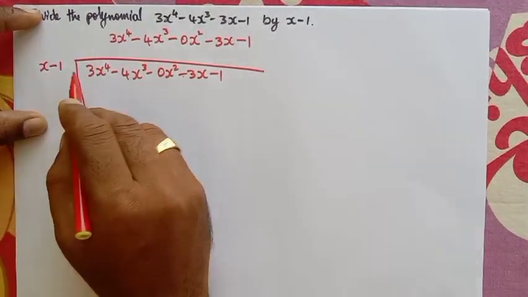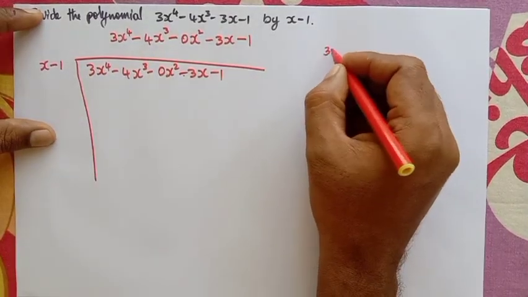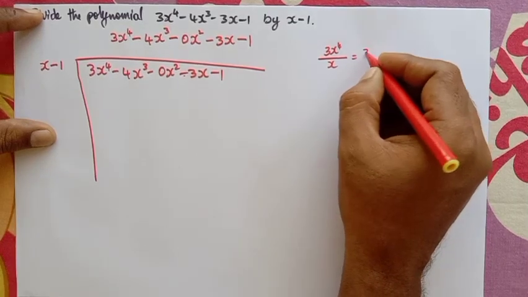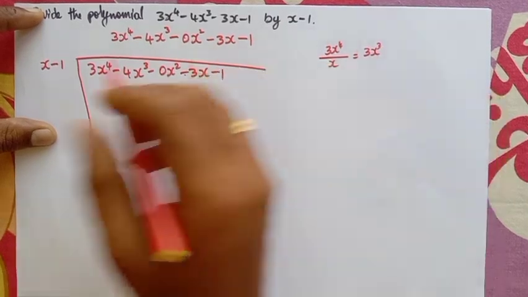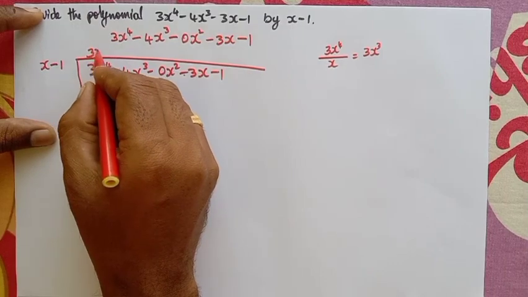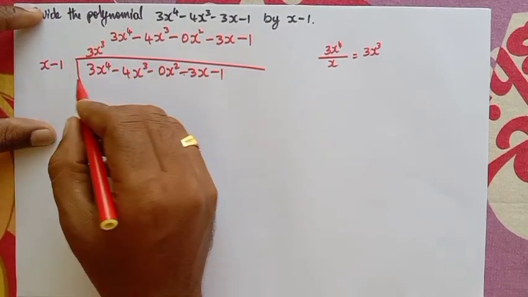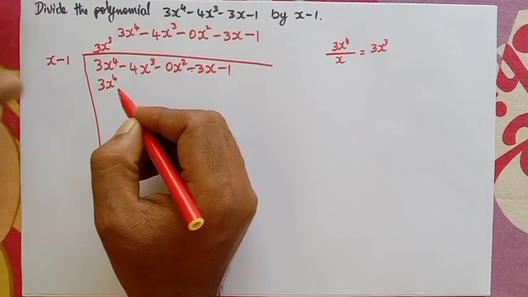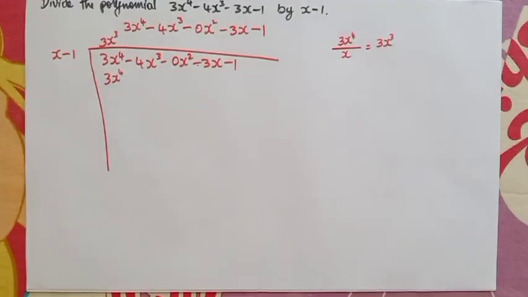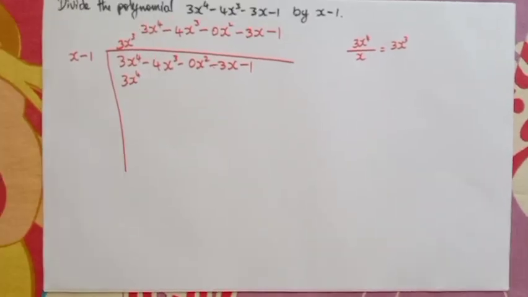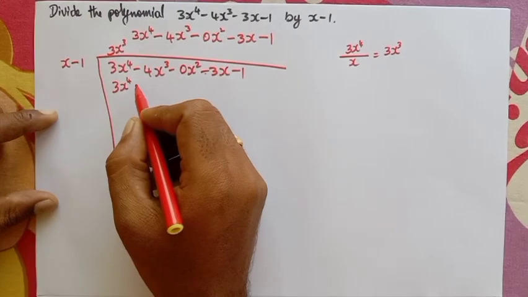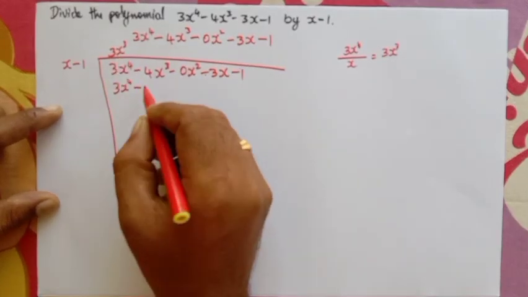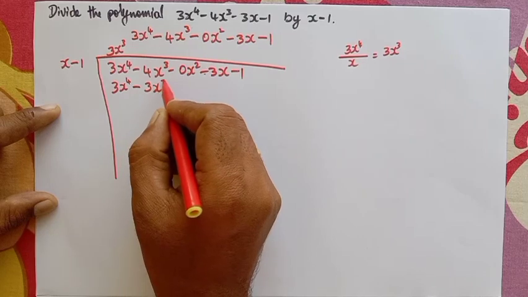So what we want to do here is, 3x to the power 4 when divided by x, we will get 3x cube. x into 3x cube will get 3x to the power of 4, minus 1 into 3x cube, minus 3x cube.